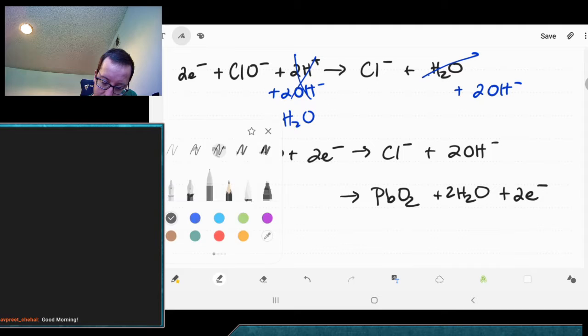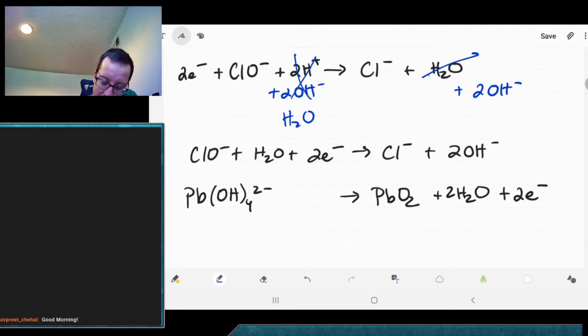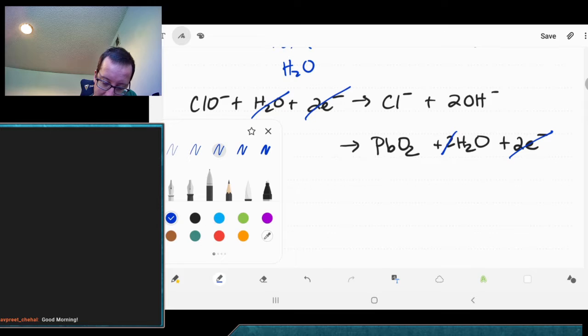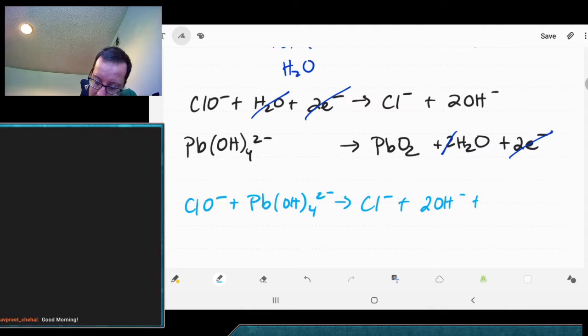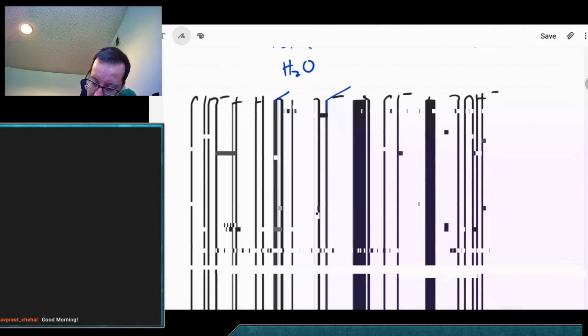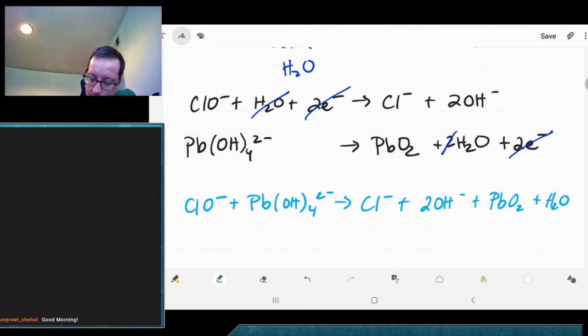So with that, when we add them up, we're going to see the electrons will cancel out. One of the waters will cancel out here, and everything else is going to stay. So we can now combine these. It turns into chloride plus 2 hydroxides plus lead oxide plus water.